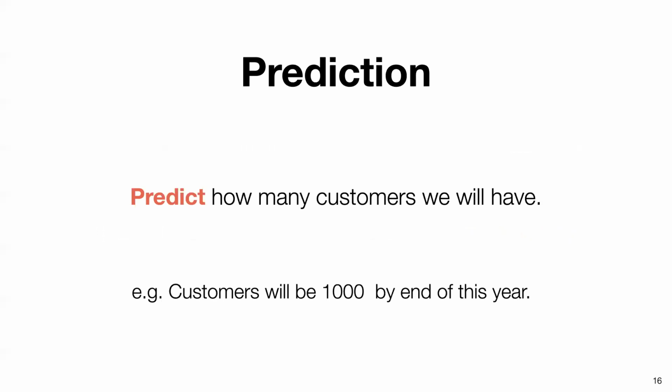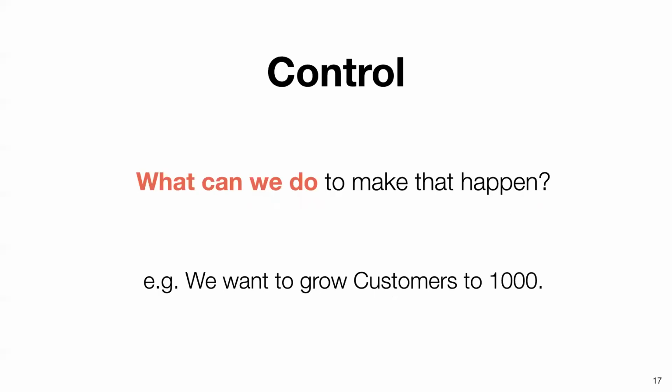This is important because once you know, or once you focus on predicting, then you can prepare. For example, if we need to hire this number of people, we need to have this number of systems or resources, or maybe provide special training to prepare for this number of customers. Another aspect is control.